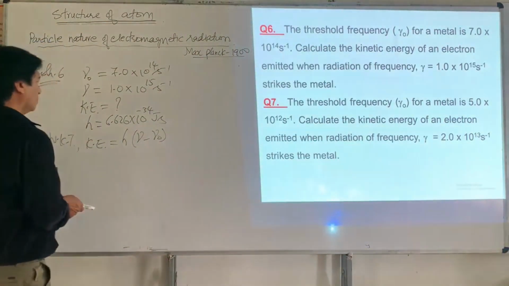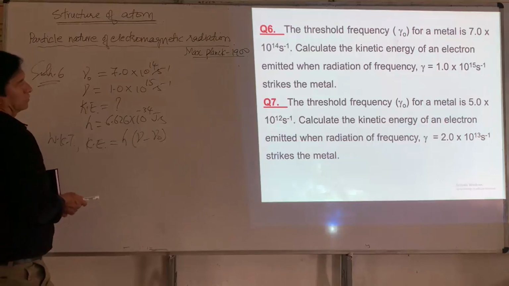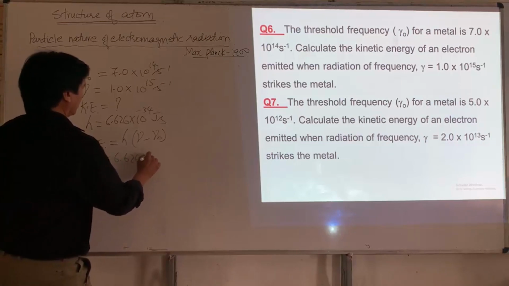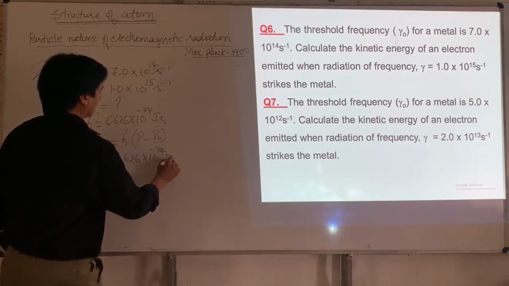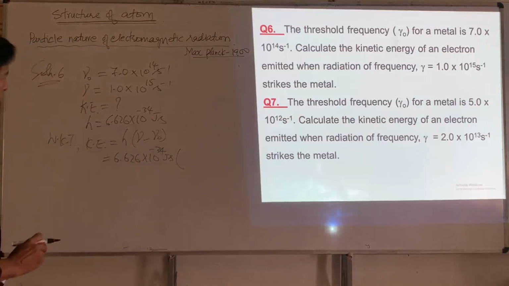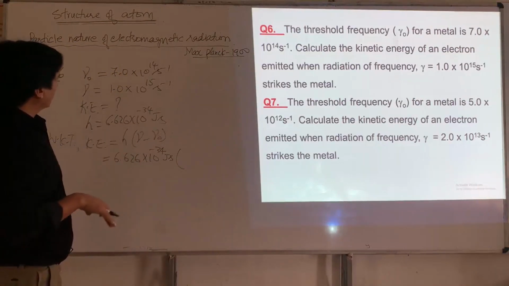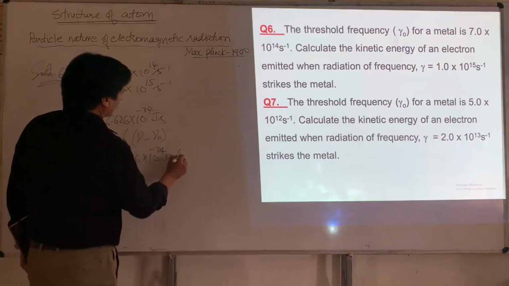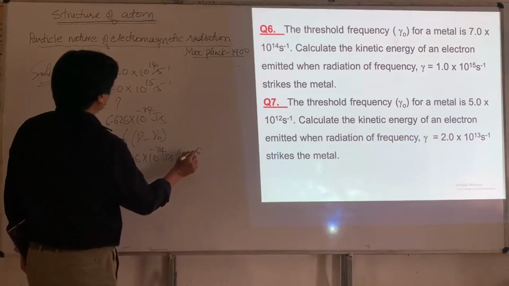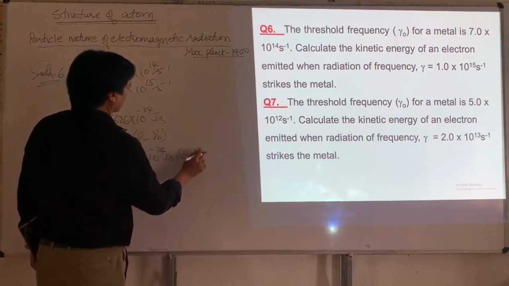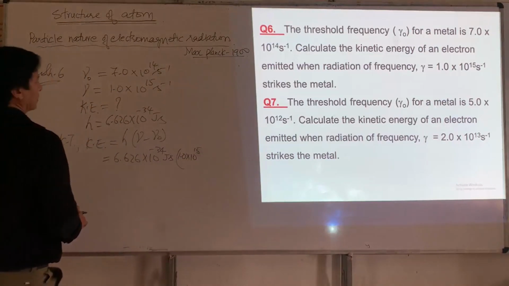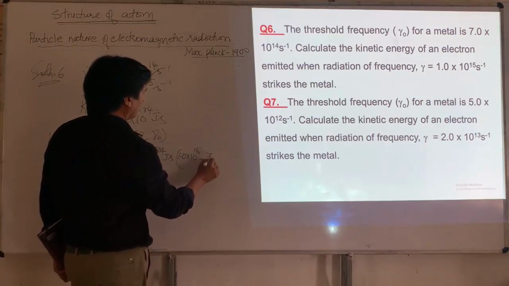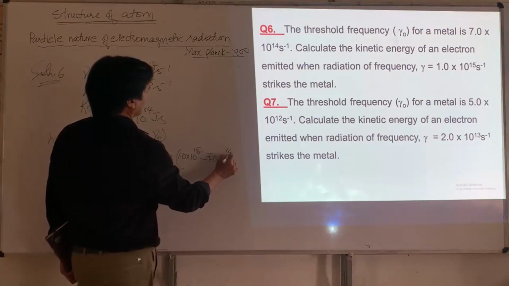You remember this. So the kinetic energy of an electron here will be, your h is 6.626 into 10 raised to power negative 34 joules second, and then the frequency of the light or radiation striking the metal surface is 1.0 into 10 raised to the power 15 per sec, minus the threshold frequency, 7.0 into 10 raised to power 14 per sec.